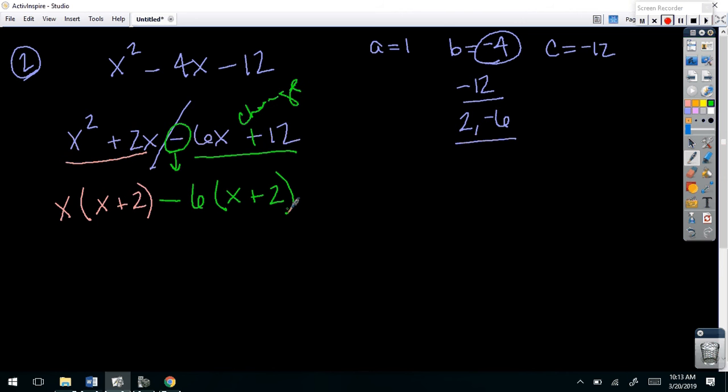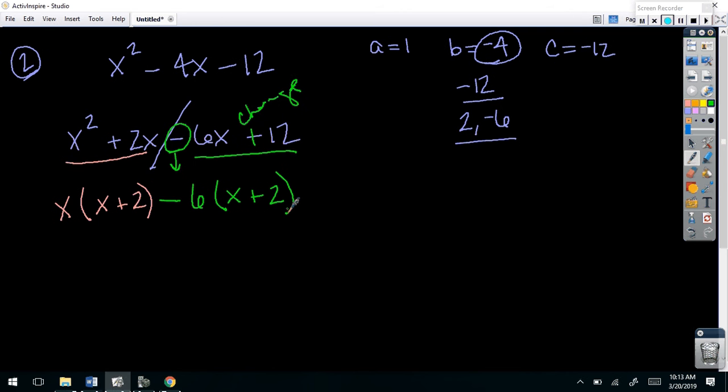Right? See how we changed that last sign? When the middle sign is minus, it makes that last one change. So we divided both of them by 6. That's really the only special rule you have to remember: when the middle sign is minus, it changes the last sign. Okay?